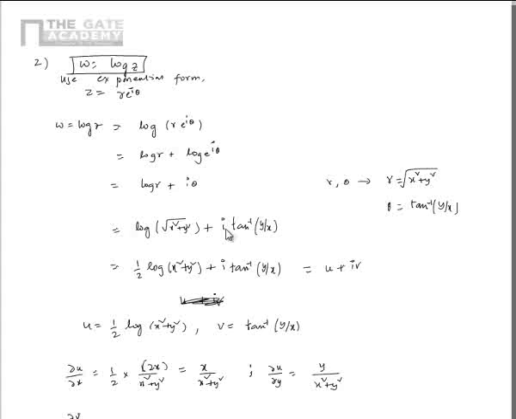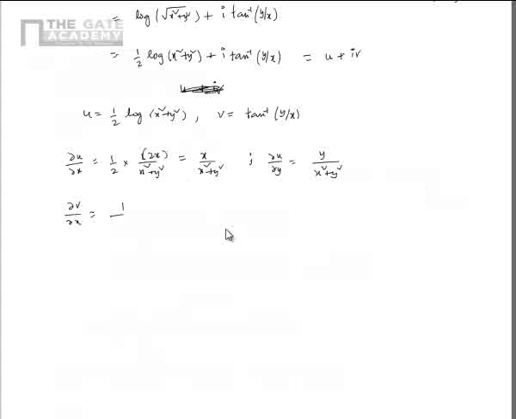Now dou v by dou x will be 1 by 1 plus y by x whole square, because the derivative of tan inverse is 1 by 1 plus the square, and then the internal derivative with respect to x. Here y is constant, and the derivative of 1 by x is minus 1 by x square. So this can be written like this, minus y by x square plus y square, simplified.